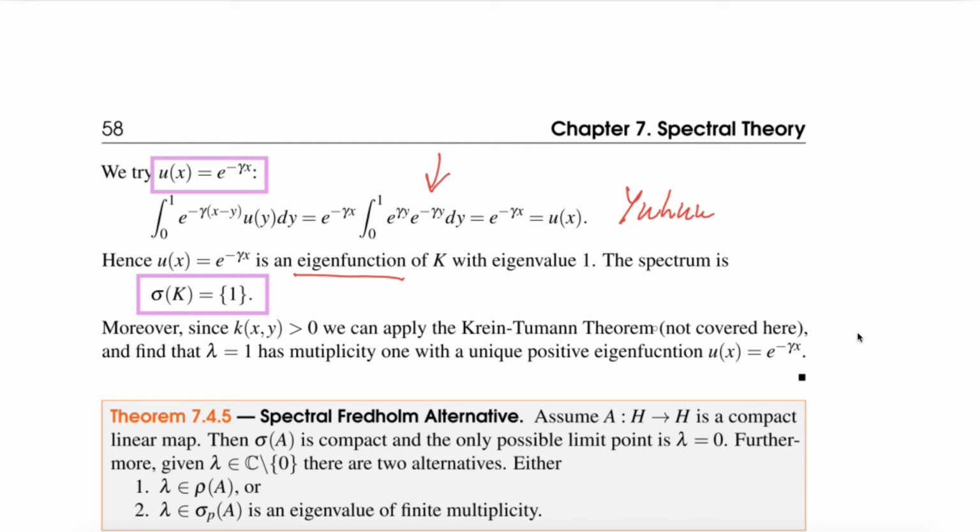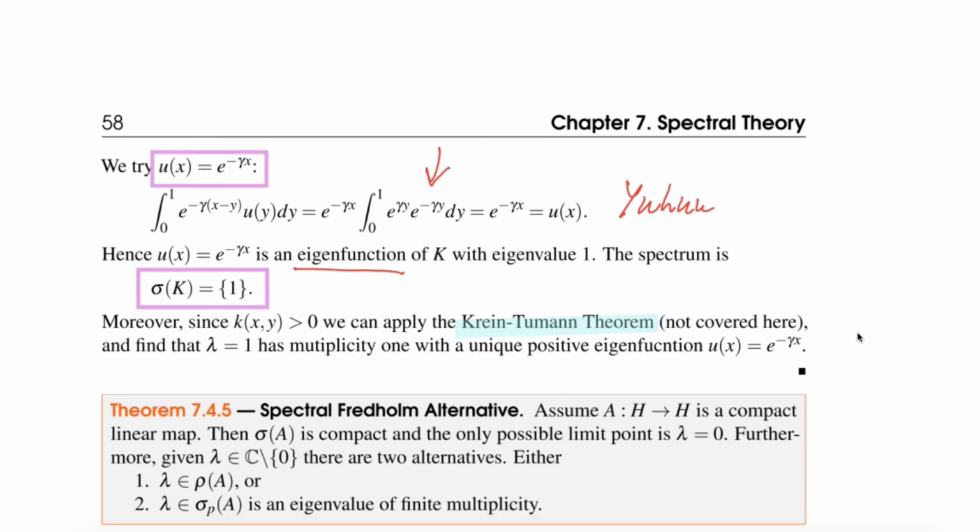As a final remark here, there is something famous, the Krein-Rutman theorem. My goodness, there's a big spelling. Rutman theorem, which says that lambda 1 has finite multiplicity and a unique positive eigenfunction e to the minus gamma.